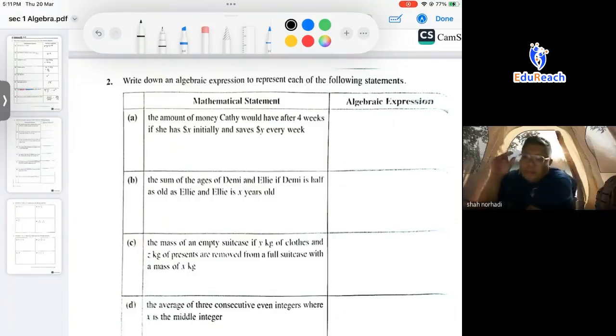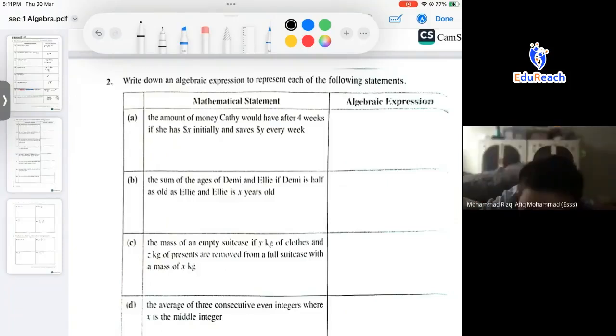Can you type it up on your chat? So I want to see. Okay, let me see.